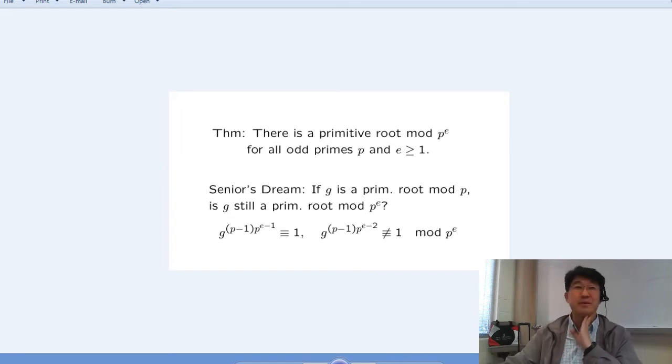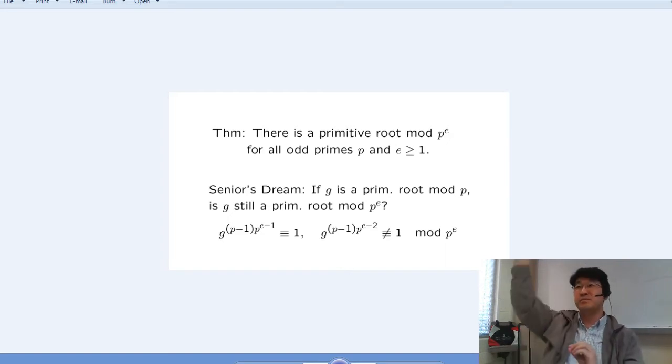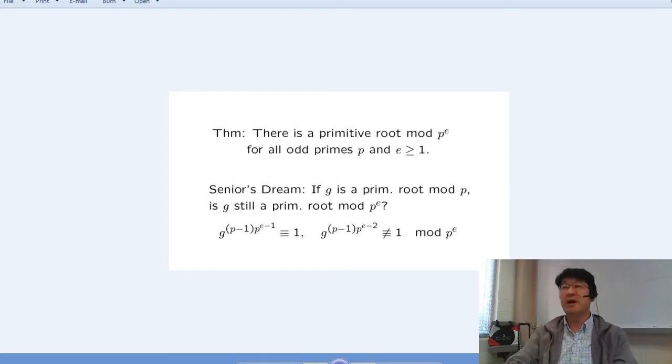Still hope the same number happens to be the primitive root mod p to the third, and remains the primitive root forever as you enter higher powers. Wouldn't that be great? Yeah, and it is true. Little caveat, but it is almost true. That's our hope. So seniors are more careful. They don't claim it. They just say maybe.